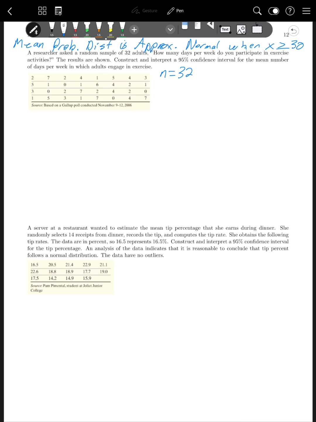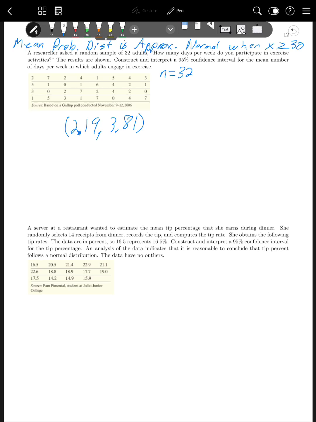I'm not doing a hypothesis test, I want a confidence interval. So I choose confidence interval, and then I put in my confidence level. And that's all I need to do. Now I can hit compute. It'll tell me that my confidence interval lower limit and upper limit are over here.